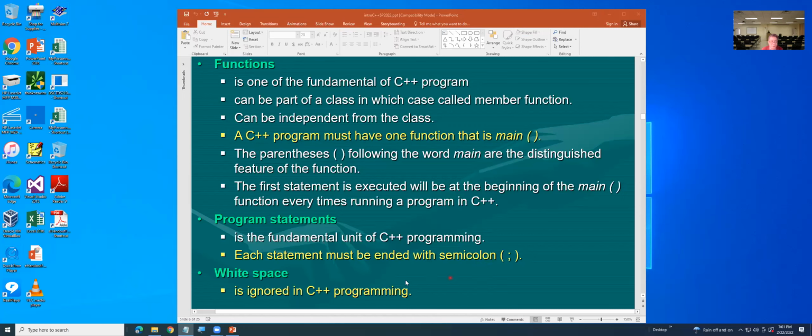Okay? White space is ignored. What does that mean?